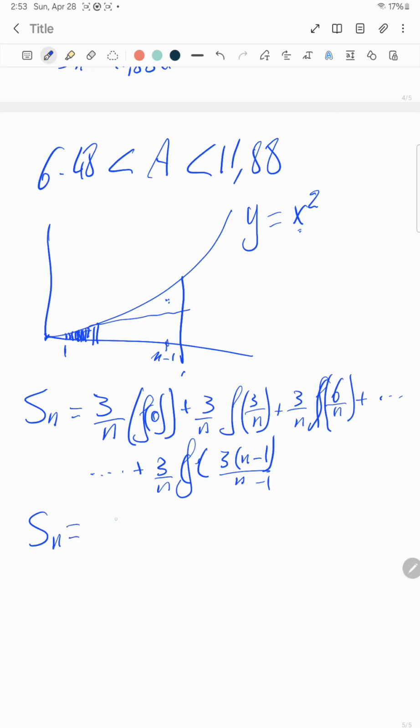So my sum will become 3 over n, and my second term will be times 3 over n squared. And my third term plus 3 over n times 6 over n squared, because if this is 3 over n, this is 6 over n. We saw the logic before.